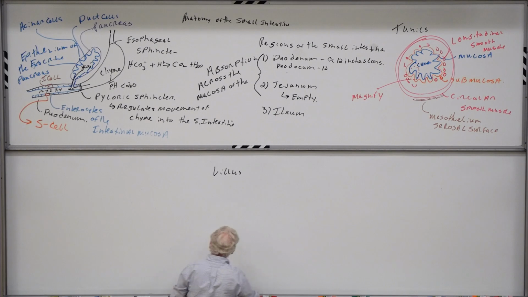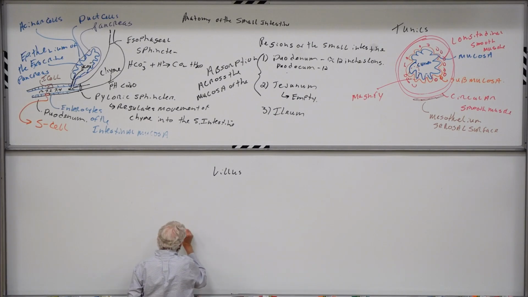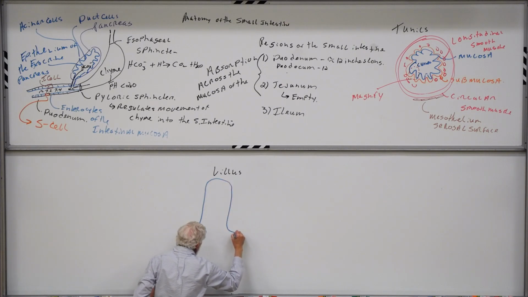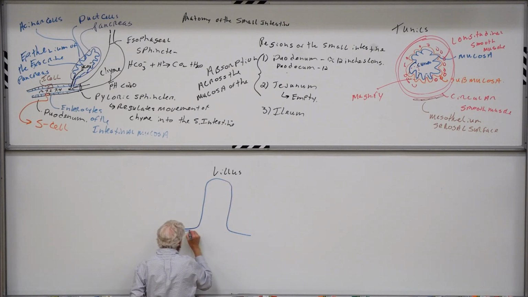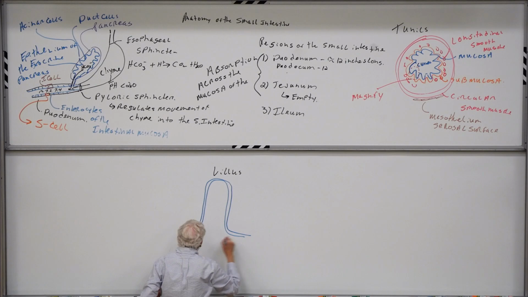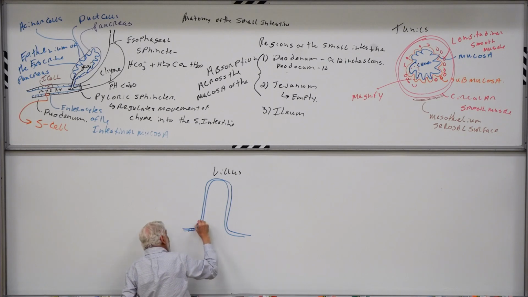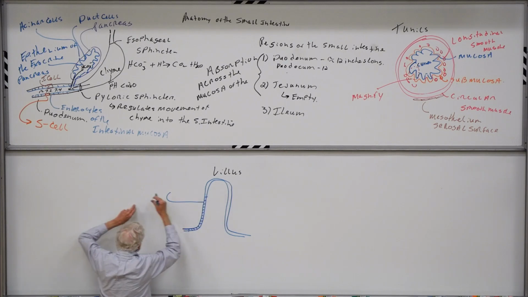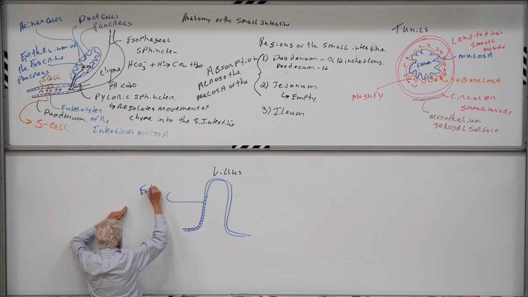And I'll use some of our shorthand to try to describe it in the sense that there will be a single layer of epithelial cells. And these vertical hashes here, now horizontal, are meant to represent the division of this epithelium into individual enterocytes.